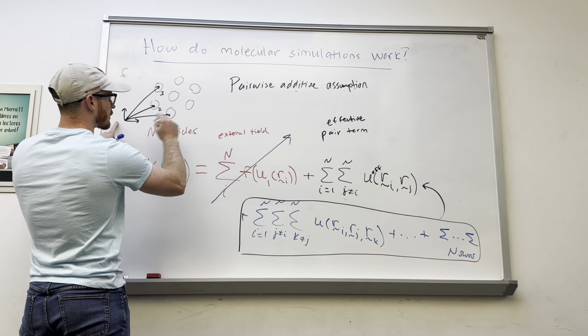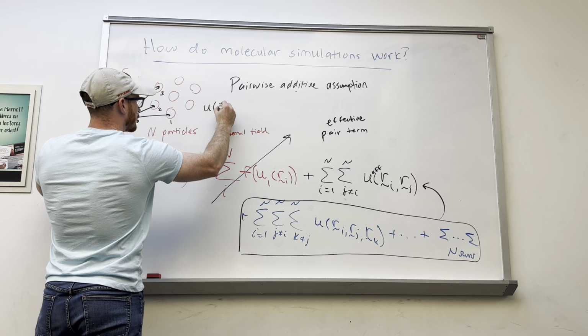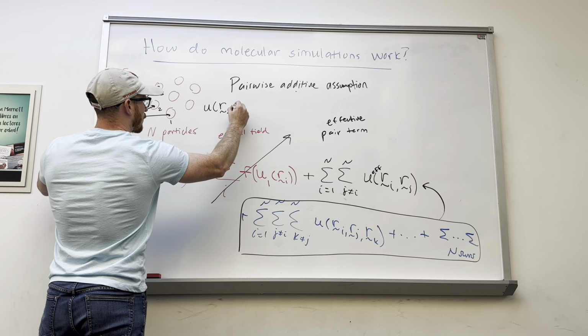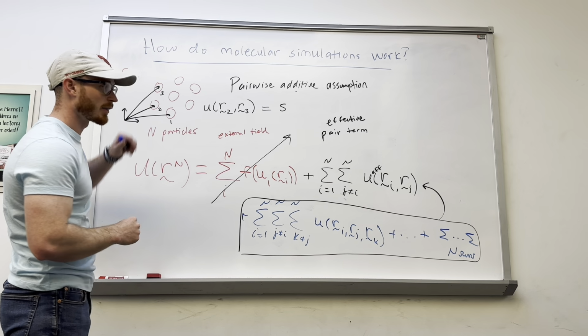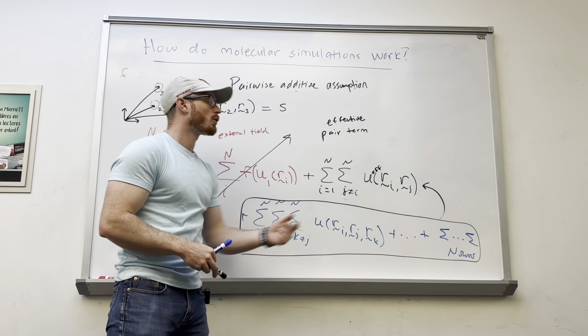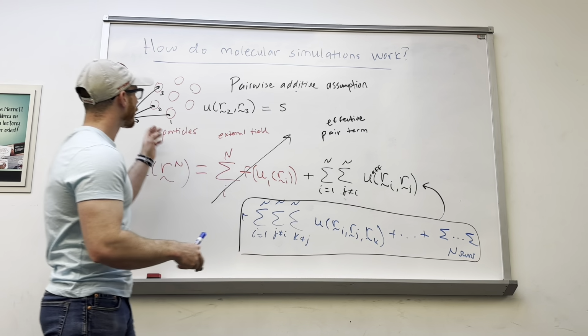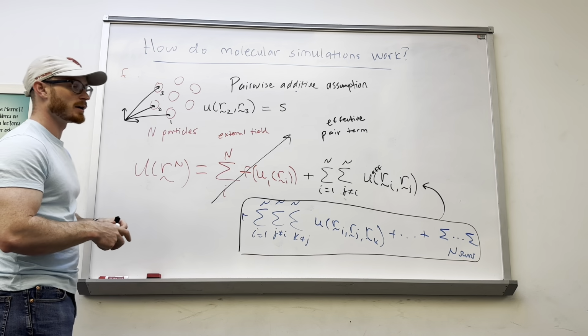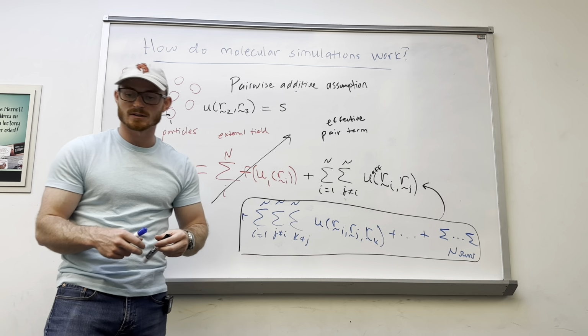So let's say particle 2 and particle 3. Where's particle 2? Where's particle 3? And that's just going to give us a number, some scalar, which is going to describe the potential energy of these two particles together. And what we're going to do is add that up over all the possible combinations of pairs in the system. So this is generally how we're going to calculate the potential energy of the system.